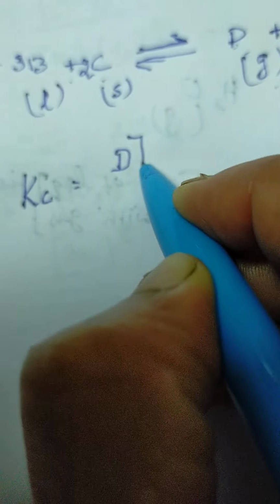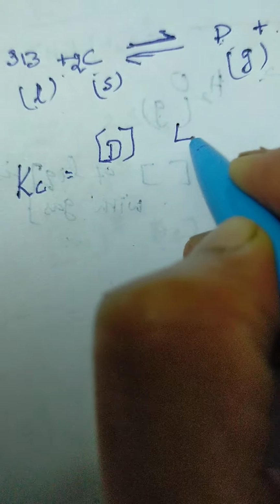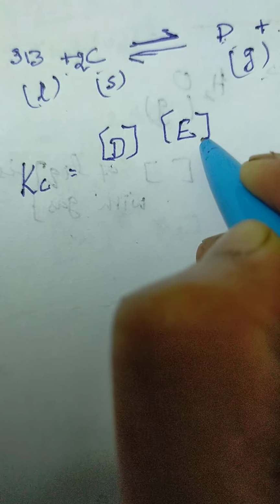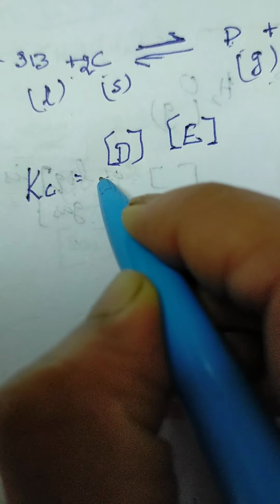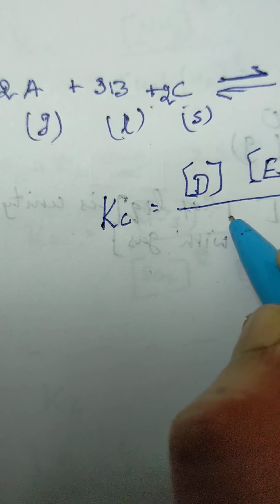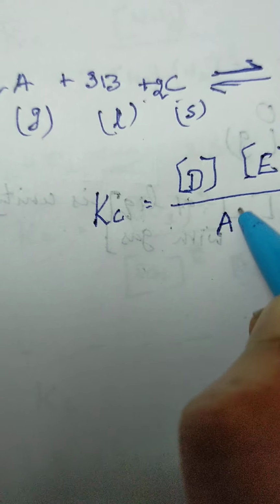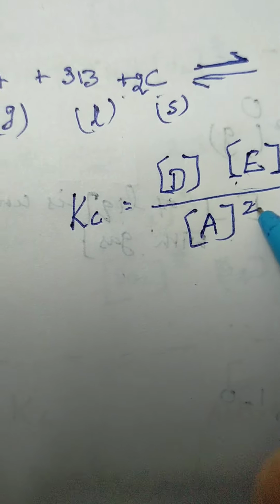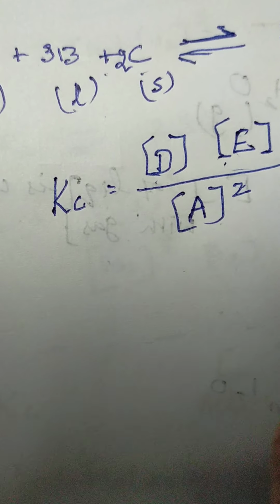So Kc is equal to the concentration of D, concentration of E, divided by the concentration of A. What is the coefficient? 2 is the coefficient.